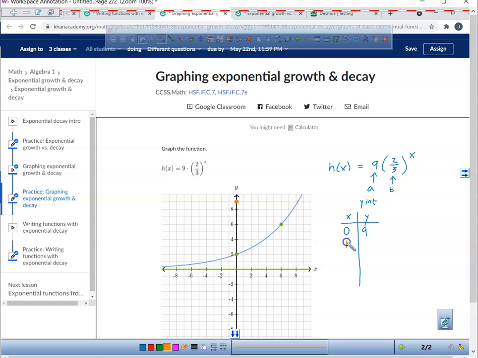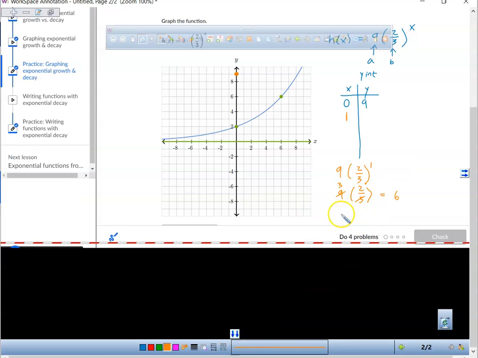Now if I plug in a 1 right here, here's what I got. 9 times 2/3 to the power of 1, which is just 9 times 2/3. Well, 2/3 of 9 is 6. Because 3 goes into 9 three times, and 3 times 2 is 6. That's one way of looking at it.